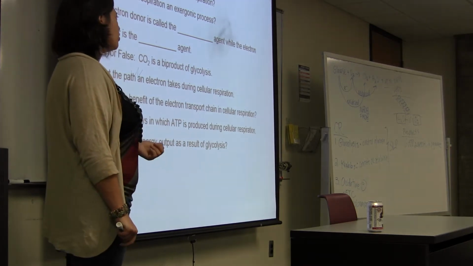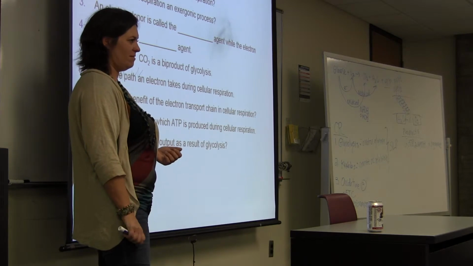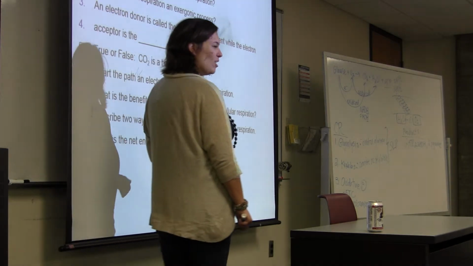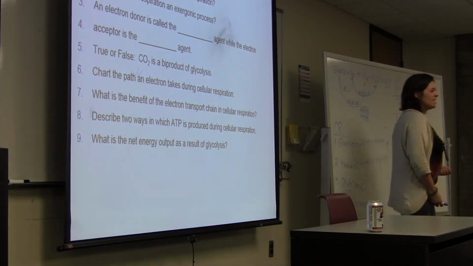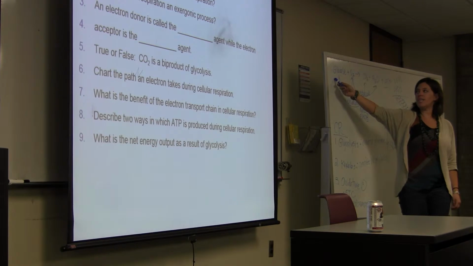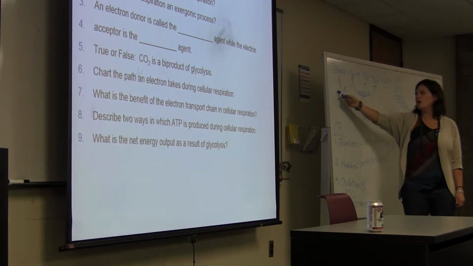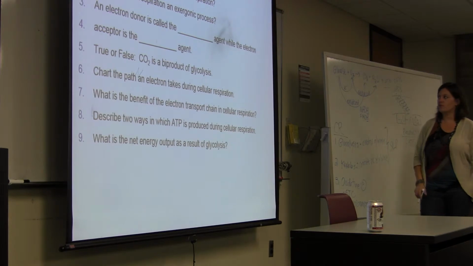Chart the path an electron takes during cellular respiration. All right, I'll just go through these since I know it's new for y'all. So these electrons are starting with glucose, right? And they're going to be taken away and added to oxygen. But we have to make our electron carriers first.